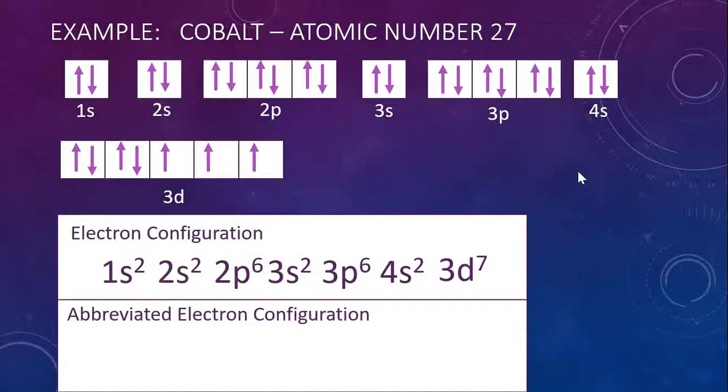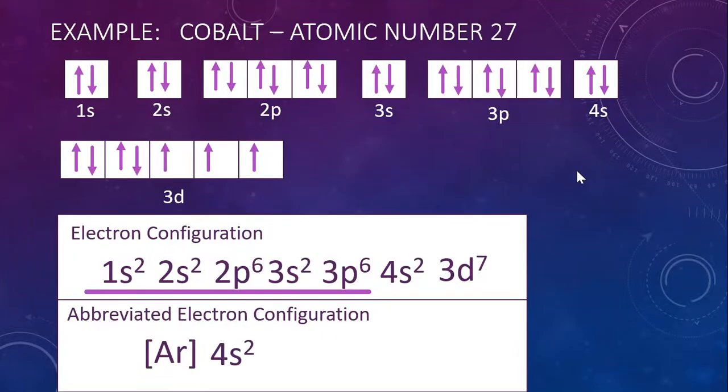So I start with the symbol Ar in brackets, which represents that portion of the electron configuration. We drop that part and just write Ar in square brackets, and then finish it with 4s2, 3d7.